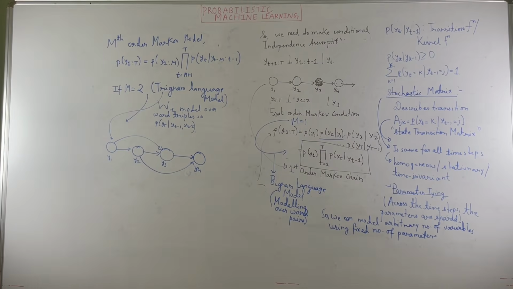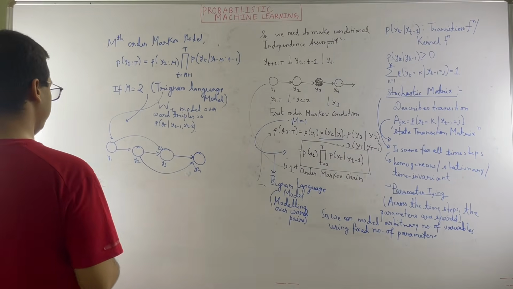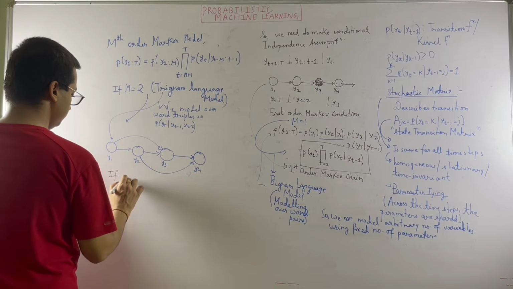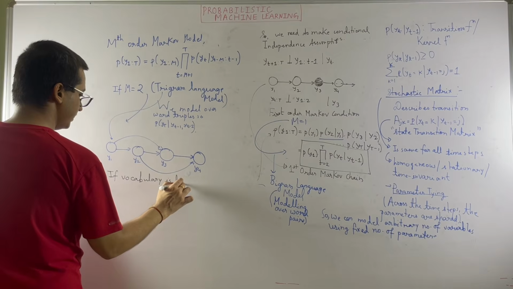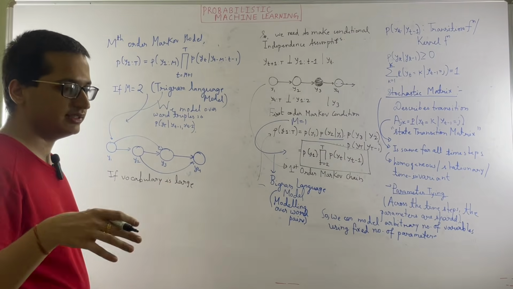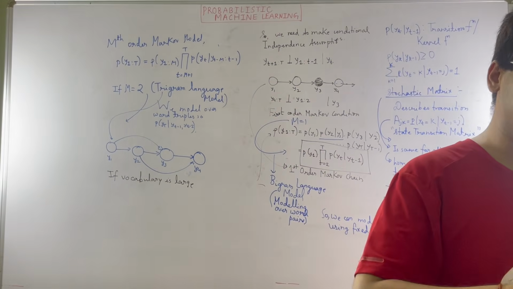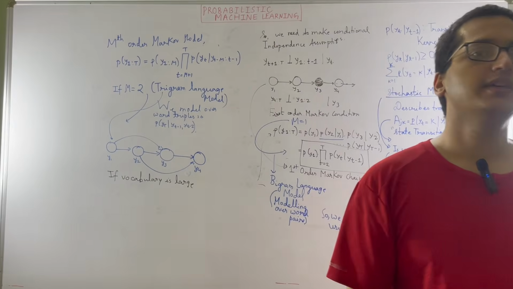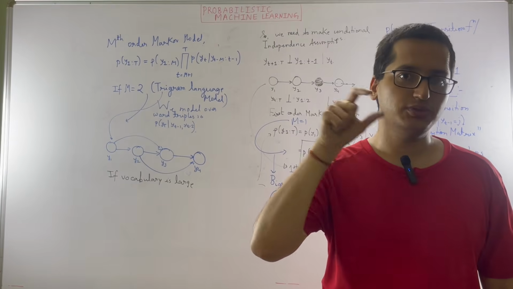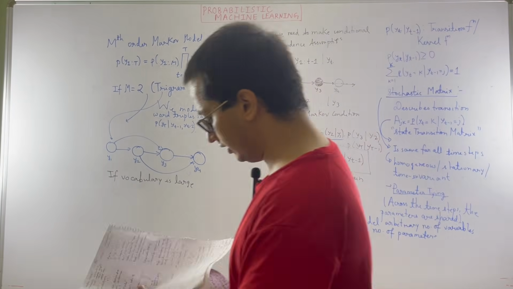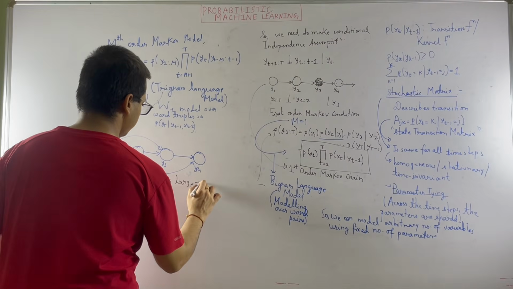Another interesting point to note is that if the vocabulary is large, then the number of parameters can actually be very large. In that case we assume p of yt given yt minus 1 and yt minus 2 admits a rank decomposition of this distribution.